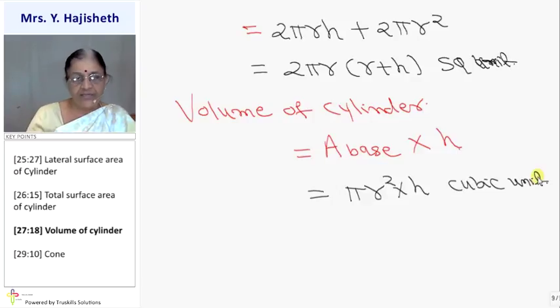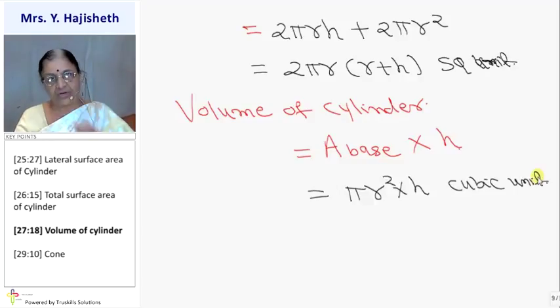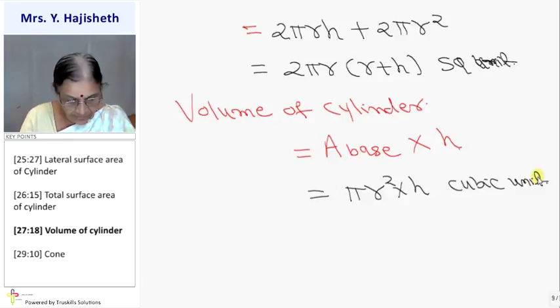If the ground is only land, so we take only area of top plus curved surface area of cylinder. Area of bottom we should not cover with cloth, so that should not be taken. Clear? So are you clear about cylinder, all three formulae?